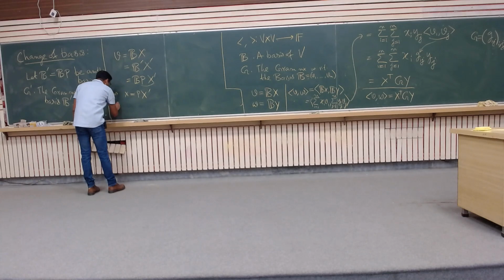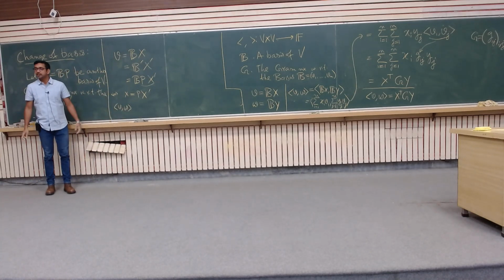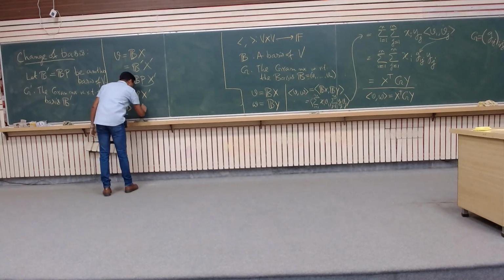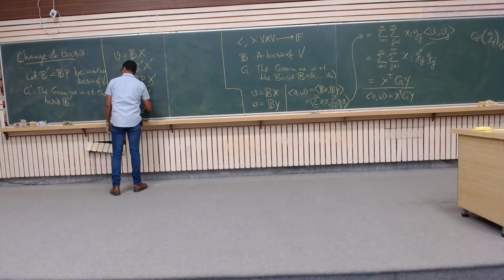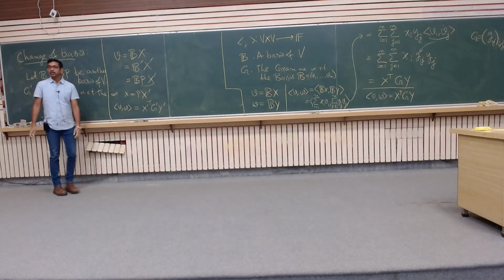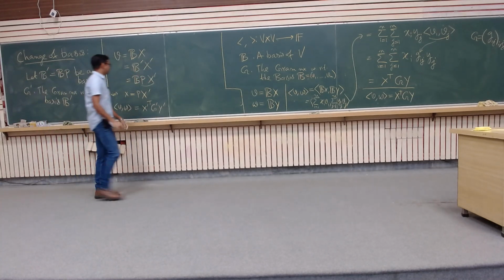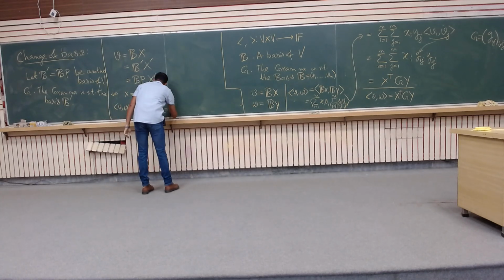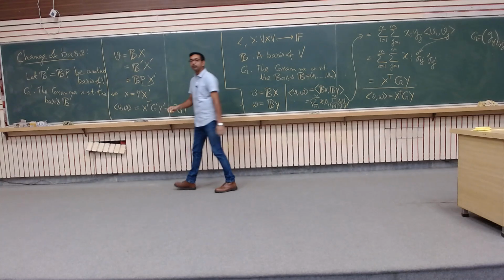So that would mean that <v, w> with respect to the new basis and the new gram matrix would be x dash transpose G dash y dash, right? And this would be also equal to x transpose G y.